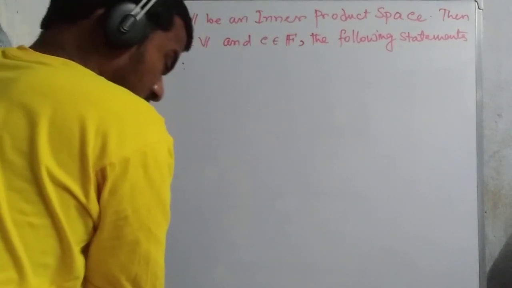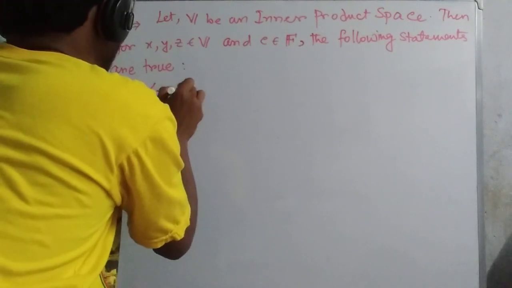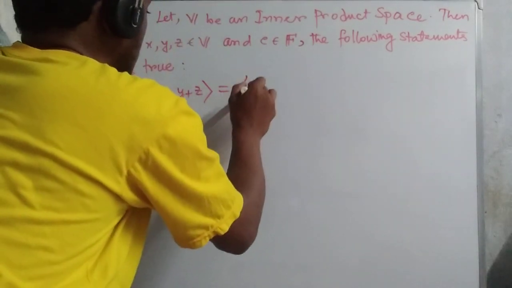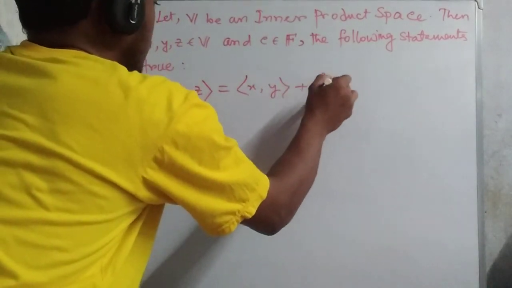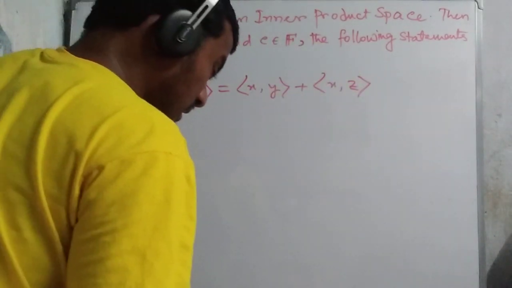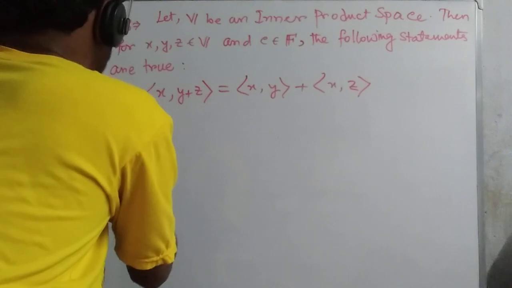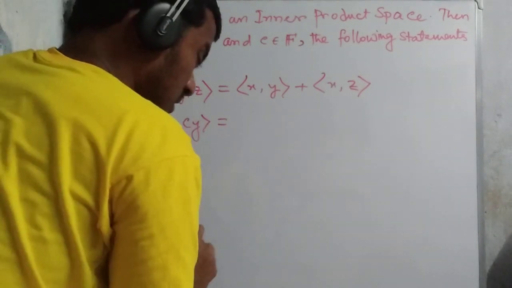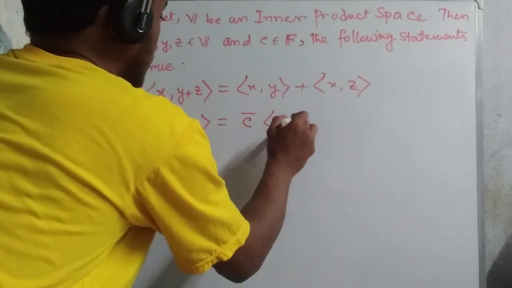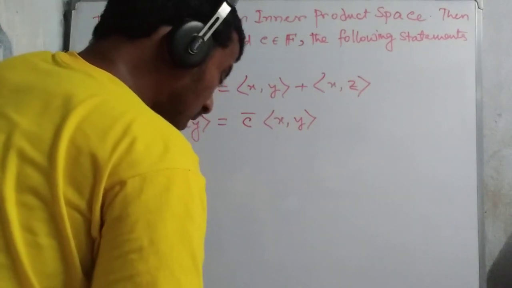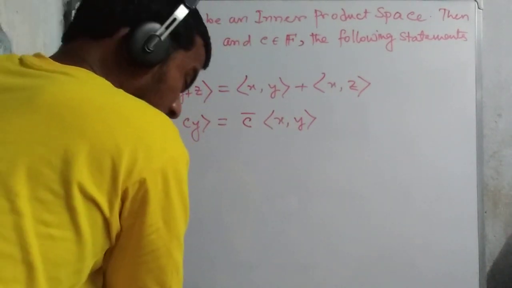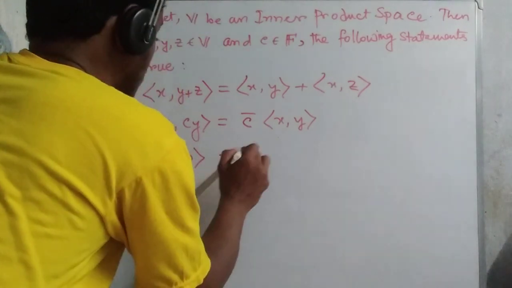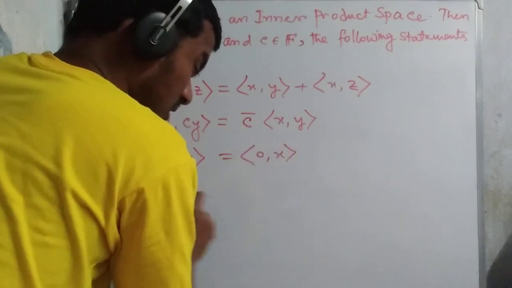First, the inner product of x with y plus z equals the inner product of x and y plus the inner product of x and z. Second, the inner product of x with cy equals c conjugate times the inner product of x and y. Third, the inner product of x with 0 equals 0, and of 0 with x equals 0.